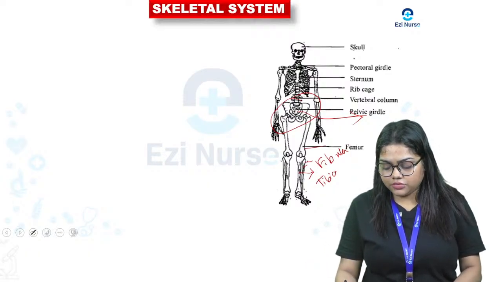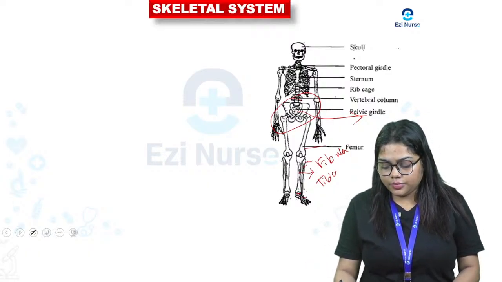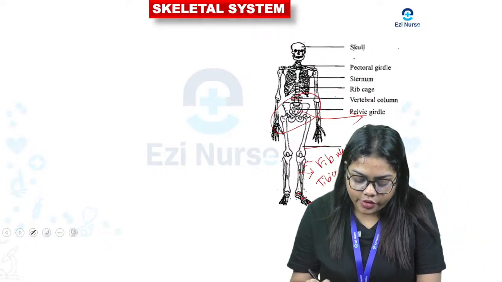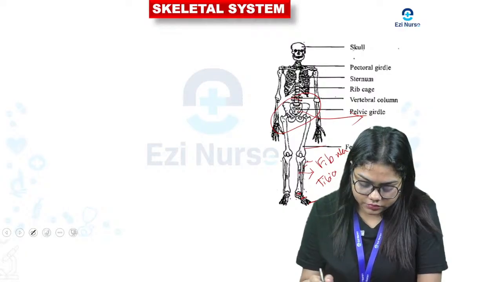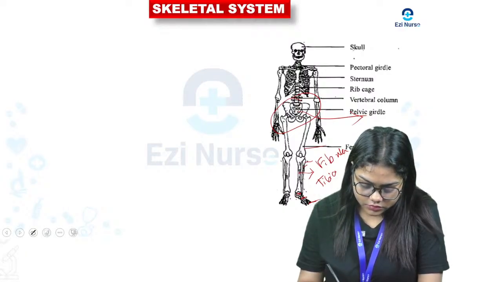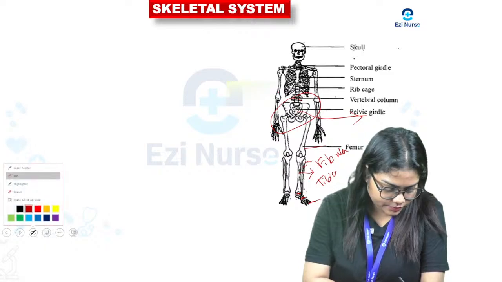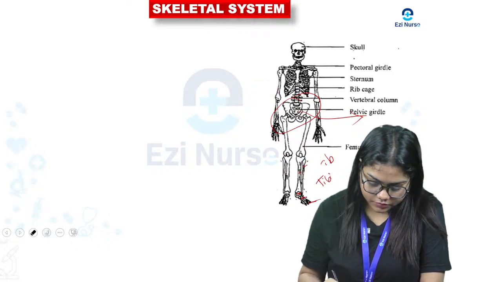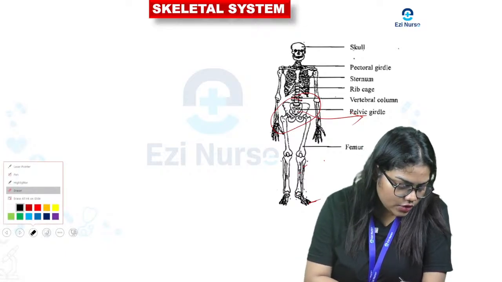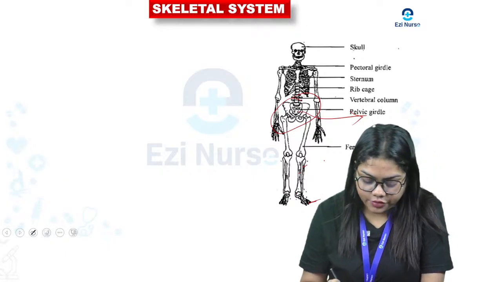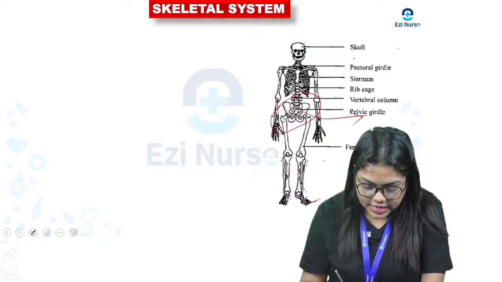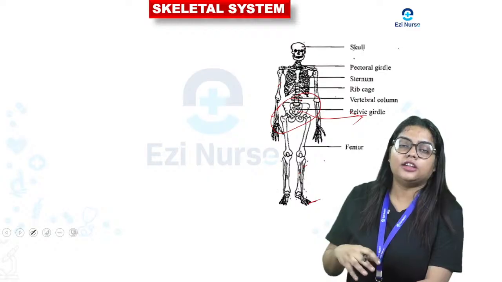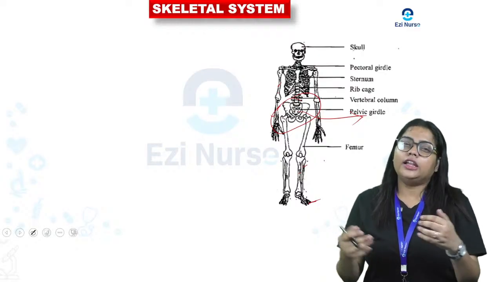Next we have the tarsals, metatarsals and phalanges. Coming to the arm, we have the humerus, radius and ulna. The radius is the thick bone and the ulna is the very small, thin bone.